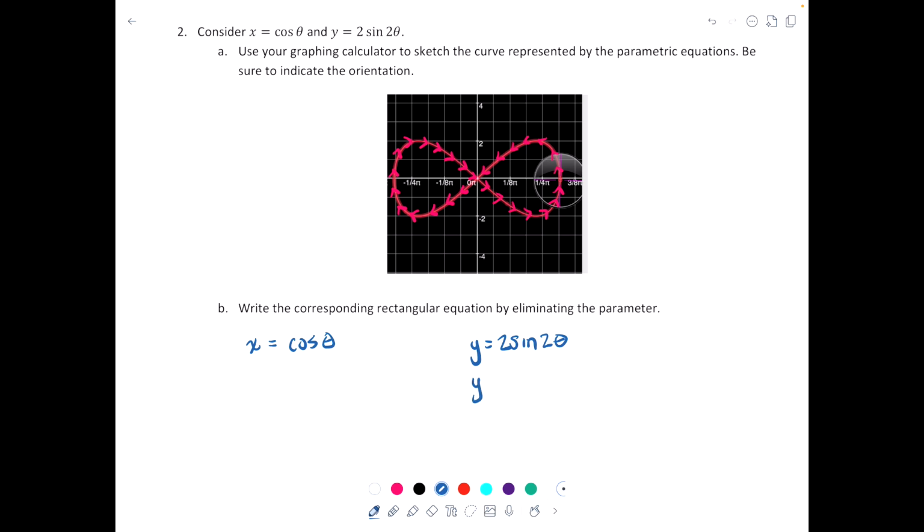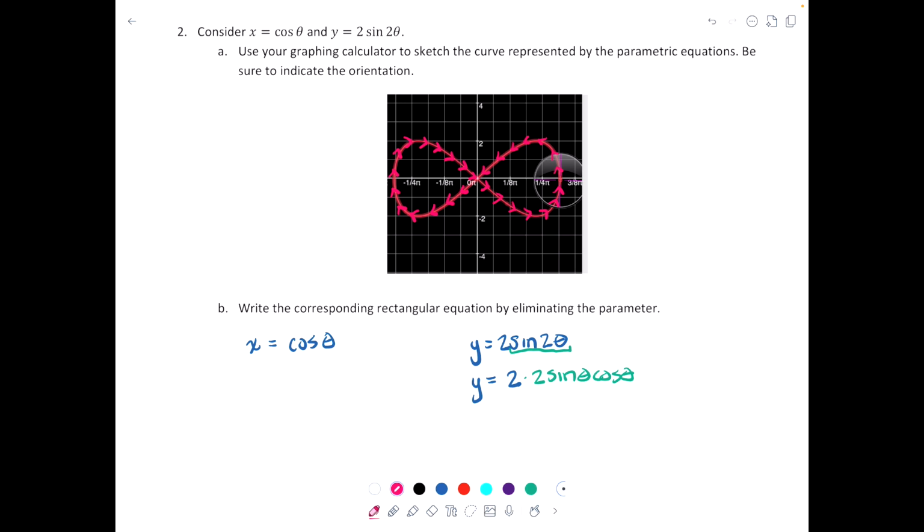So I'm going to rewrite this as 2 times 2 sine theta cosine theta using the double angle identity for the sine function.